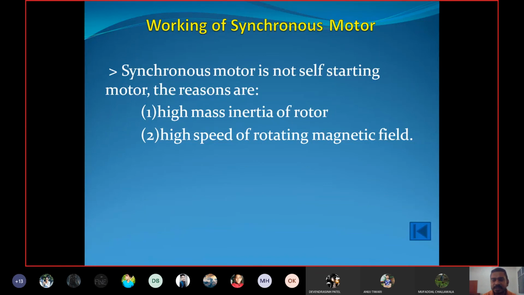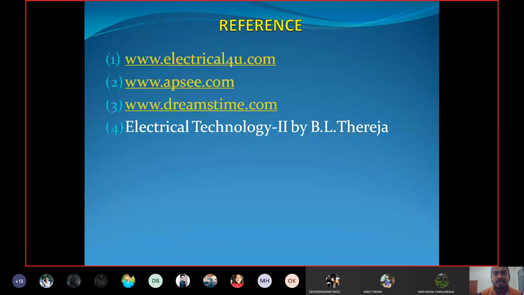Since the synchronous motor is not self-starting, we have to use a starting method to start it. We have different methods to start the synchronous motor.